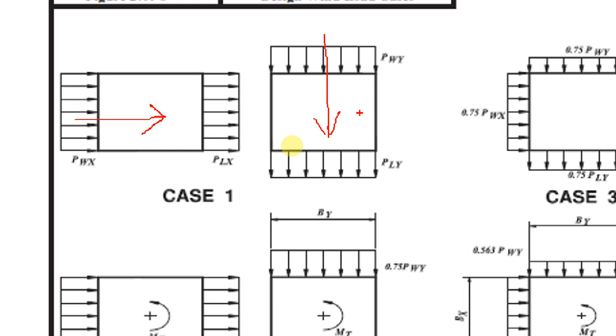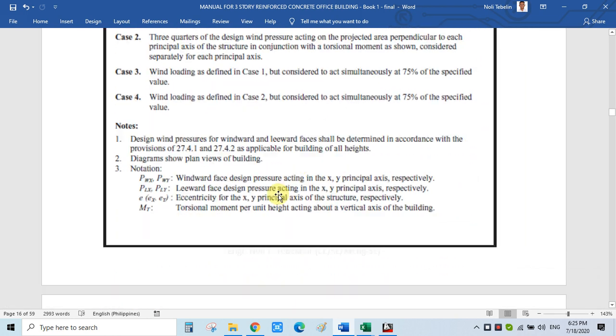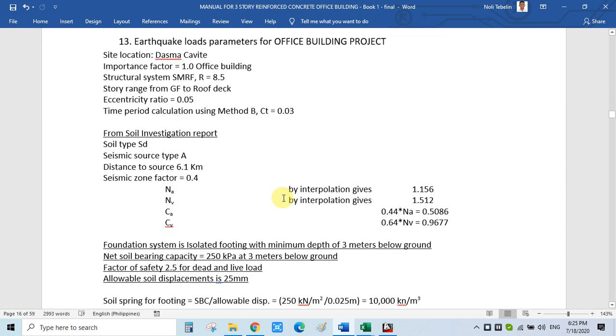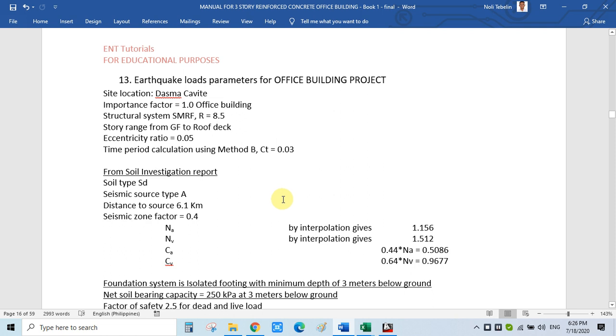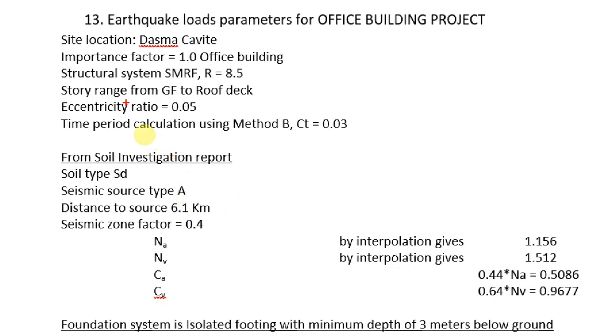Then for the earthquake load parameters, so for example, our site location is Dasma, Cavite. Then the importance factor 1.0 for office building, as discussed. Then the structural system is MRF, so special moment resisting frame.